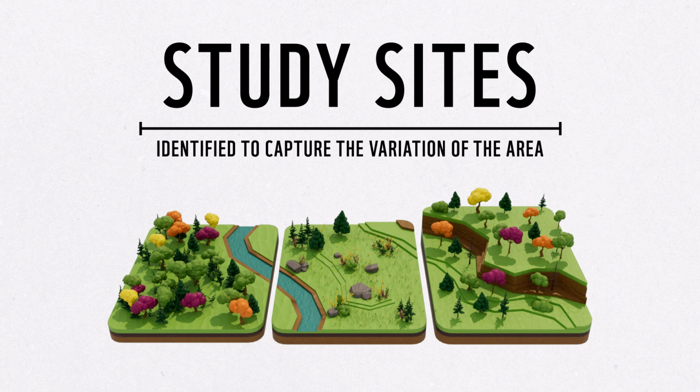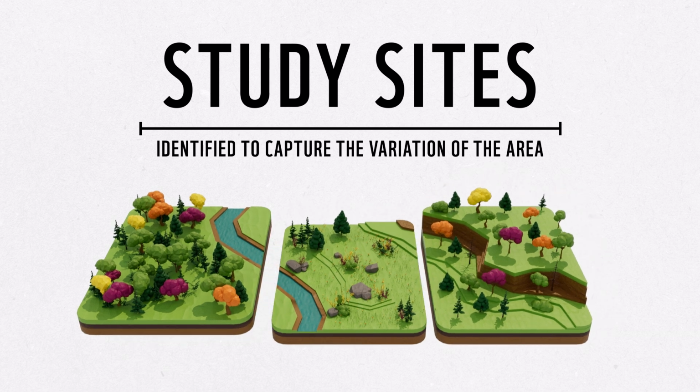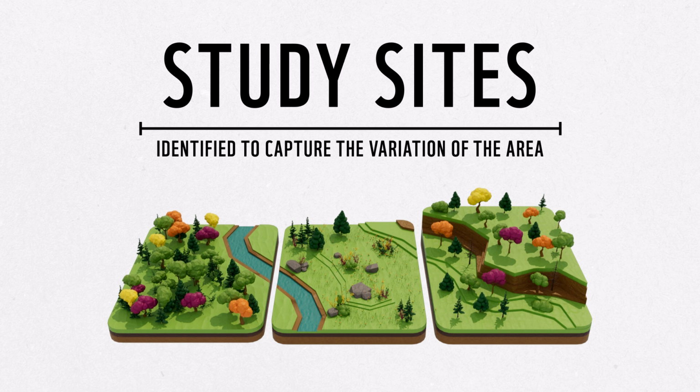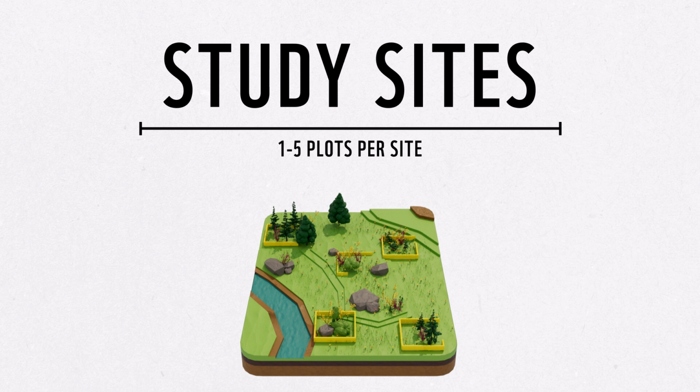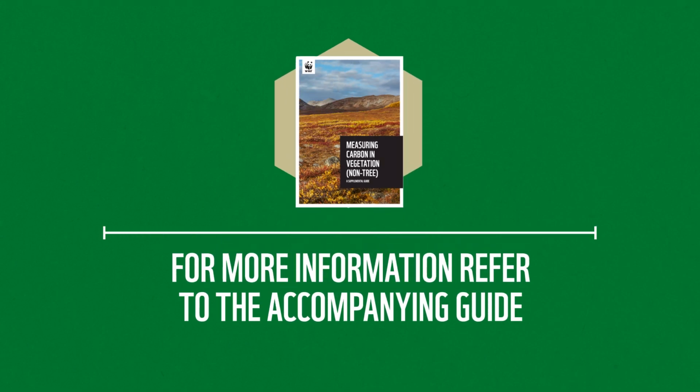Sites can be distinguished by changes in vegetation cover, elevation, ecosystem type, or other geographical features that vary across the study area. Within each site, 1 to 5 plots can be set up, depending on the nature of the site. The more natural variation that exists across a site, the more plots that are required. For further details on establishing sites and plots, please see the accompanying guide.